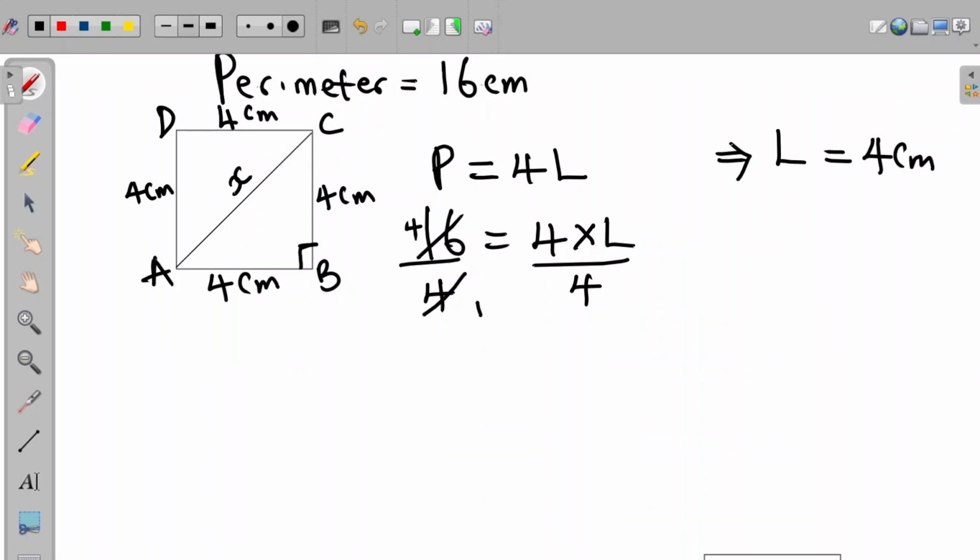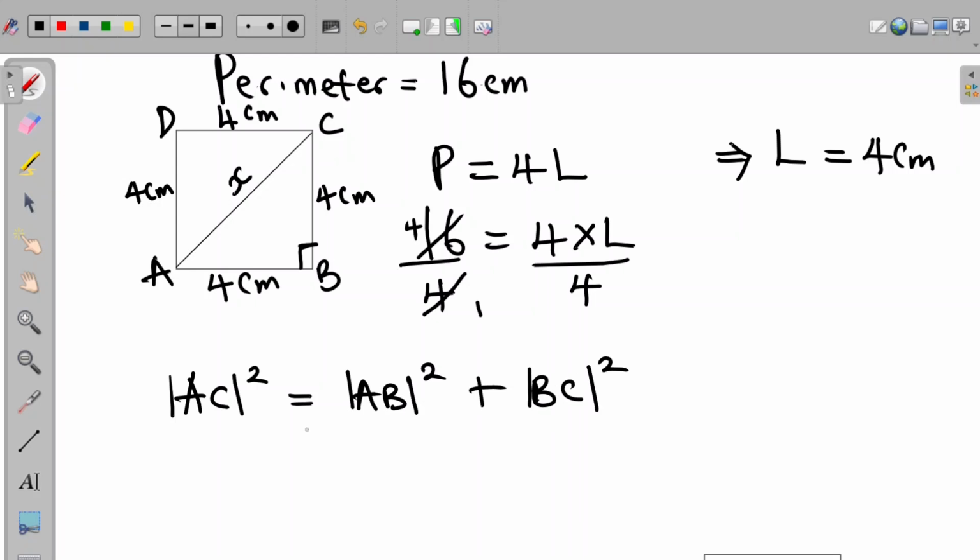So from the Pythagoras theorem, we have that the hypotenuse side, which is AC, squared is equal to AB squared plus BC all squared. First, from our figure, AC is the diagonal, which is the hypotenuse side, is represented as x.